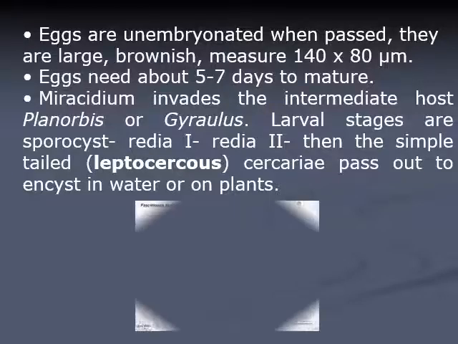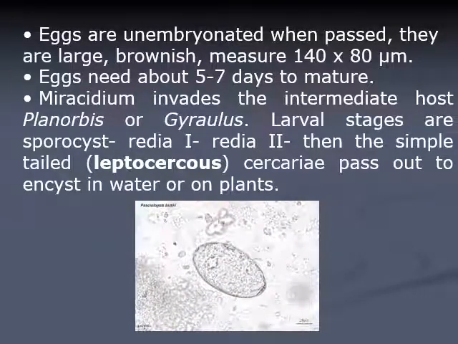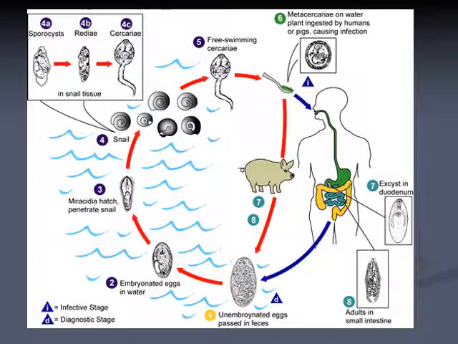This is the egg, and here is the thin operculum, and this is the life cycle of Fasciolopsis buski. Here we see that the habitat is the small intestine, but we say that it covers the whole intestinal tract if the infection is heavy.